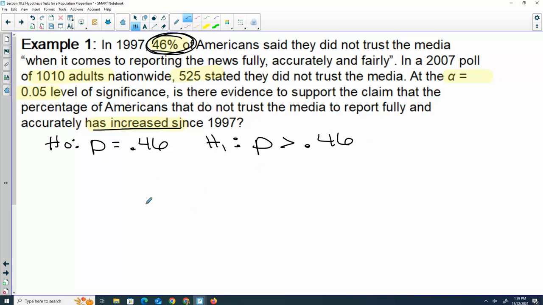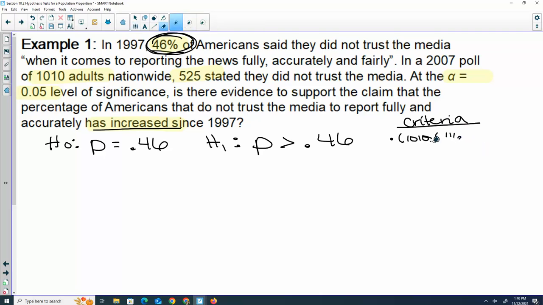Our hope is to get a Z. If we're going to get Z, we need to verify that our criteria are met. So N is how many? 1,000 or 1,002. Times P, we're using the P from the null hypothesis.